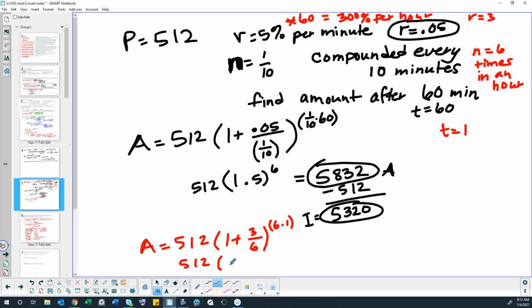So that takes that to 1.5 again, and then 6 times 1 is a 6 power. We have ended up with exactly what we had before. So obviously that is going to give us the same answer. We just changed it to a different unit of measurement that made n a little bit more clear.